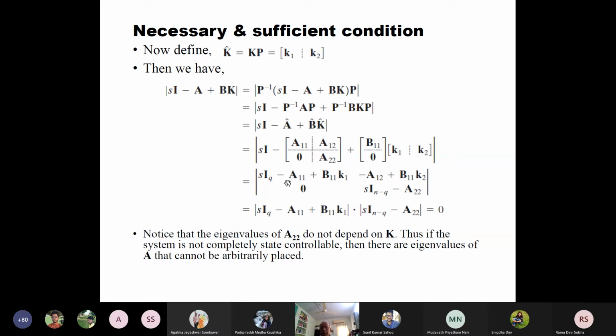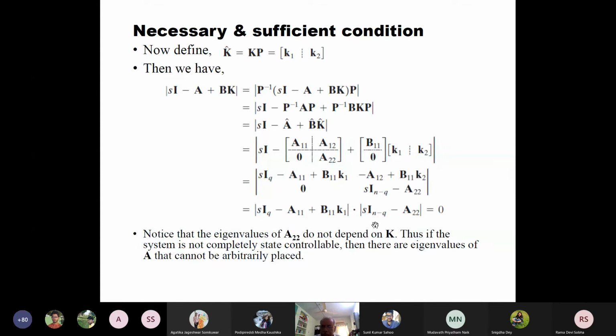Here you can see the eigenvalues of A22 do not depend on the K matrix, because the K-dependent part is related to K1 and K2, and this term is not multiplied with K1 or K2.